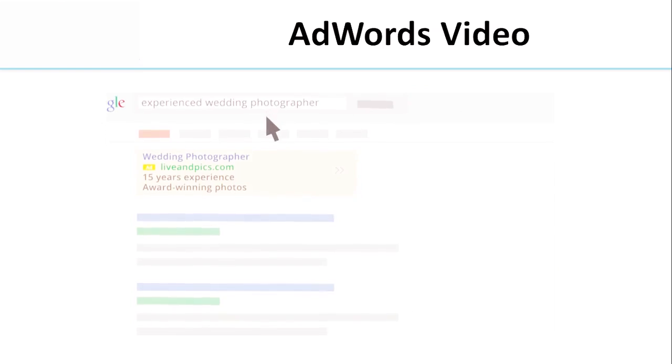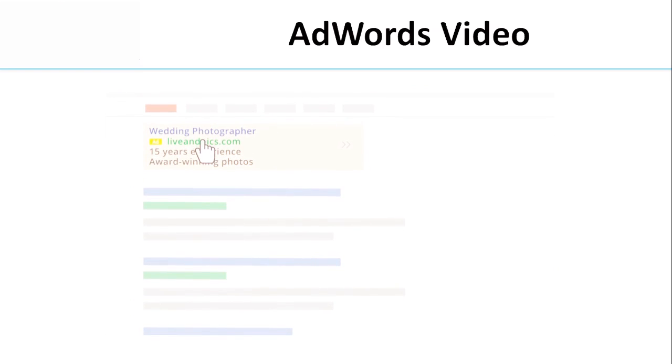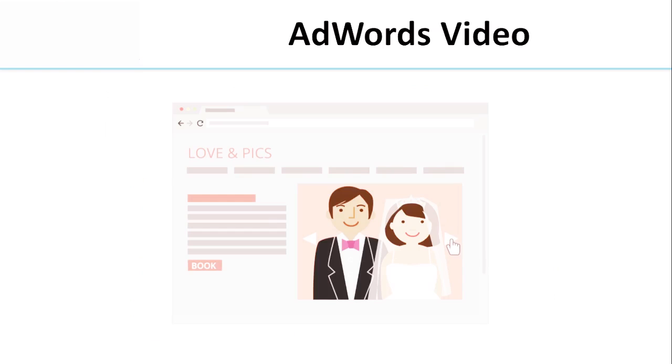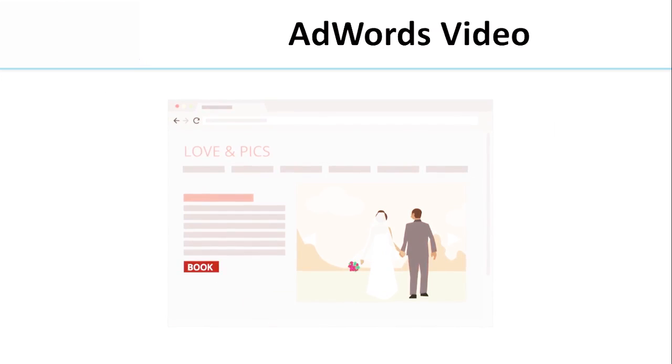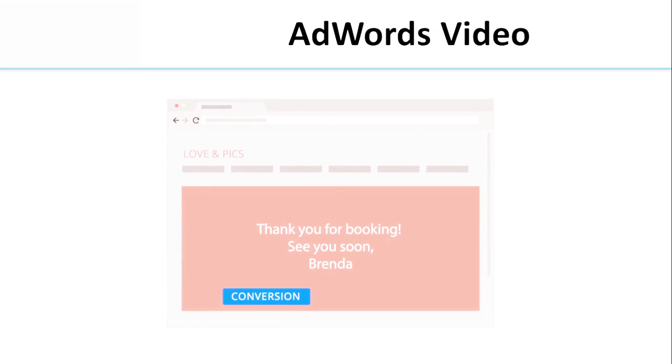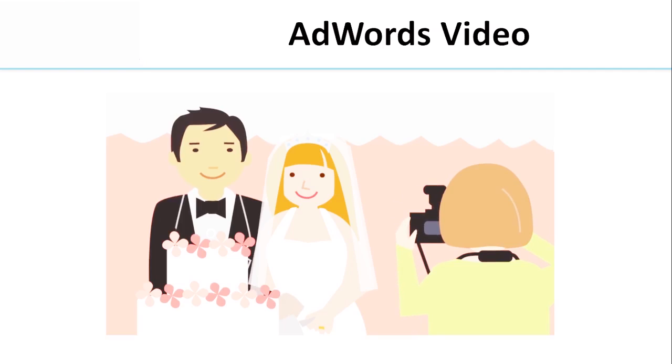Owen clicks Brenda's ad to find out more on her website. This is a click. Owen likes what he sees on Brenda's website and hires her to photograph his wedding. Brenda's ad has gotten Owen to do something valuable: hire her for an event. This is a conversion. Owen is a satisfied customer. Brenda is a happy advertiser. These are results.